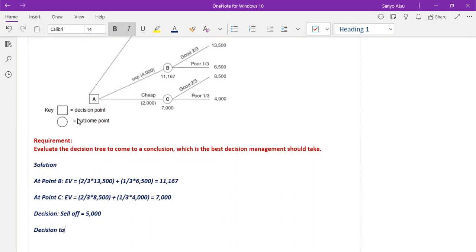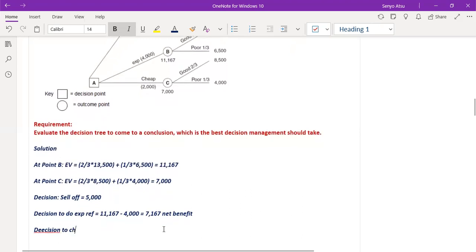Decision to do expensive refurb, we'll get long run average profit at point B, calculated above, of 11,167, but it will cost us 4,000 to do. Everything we do that gives us benefit costs us money in the first place anyway. It will cost us 4,000 to do. That will return 7,167 as the net benefit for us.